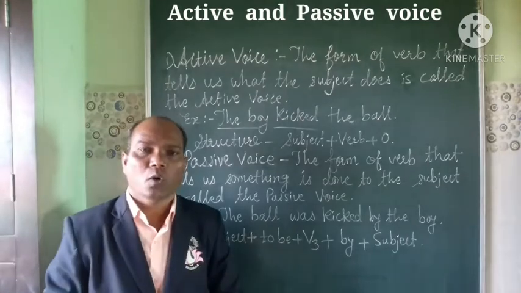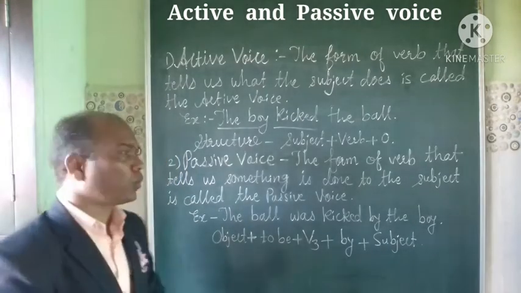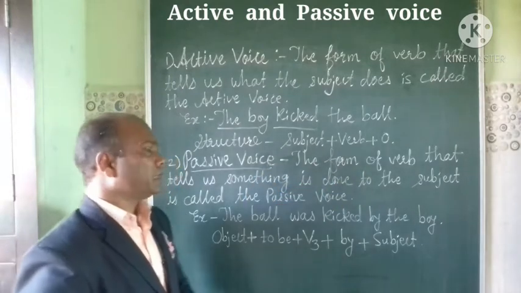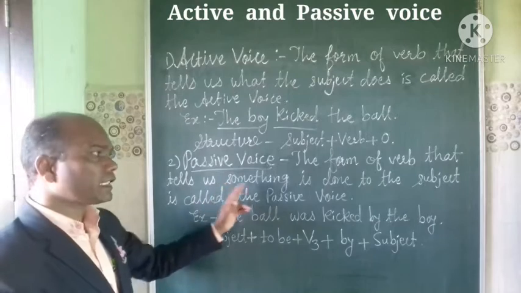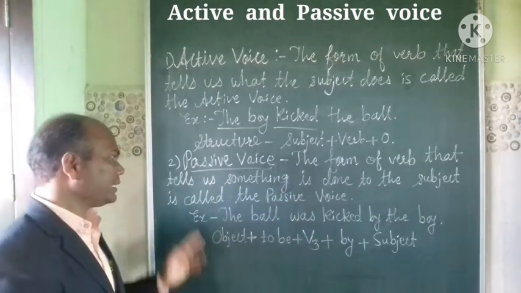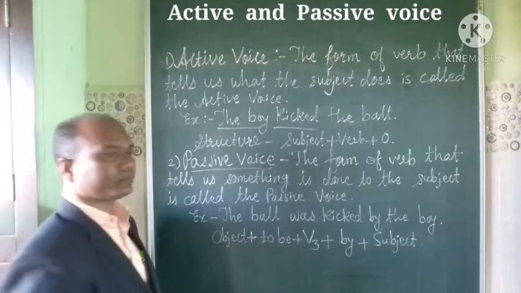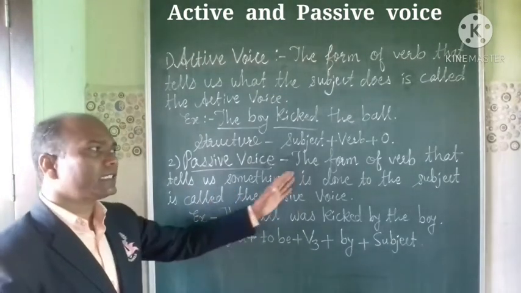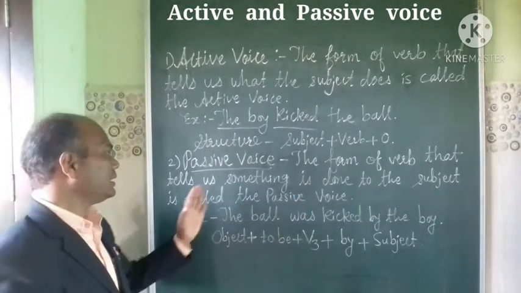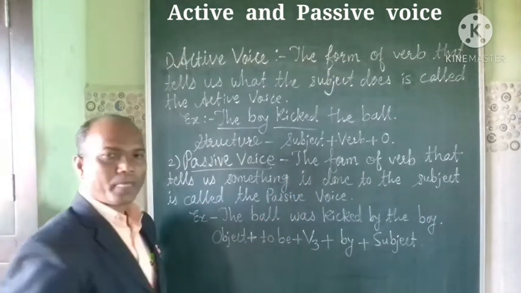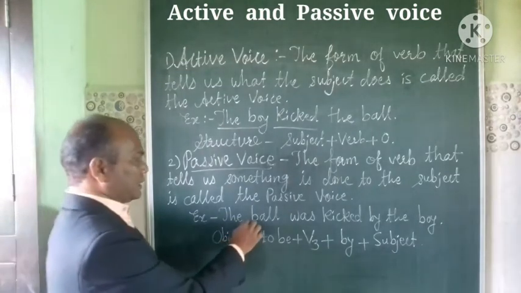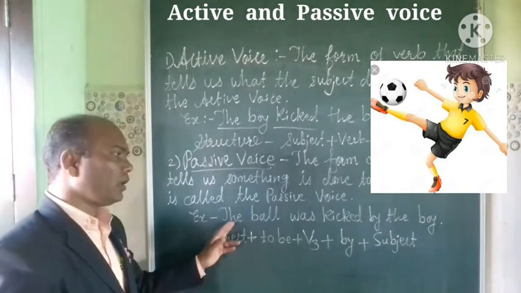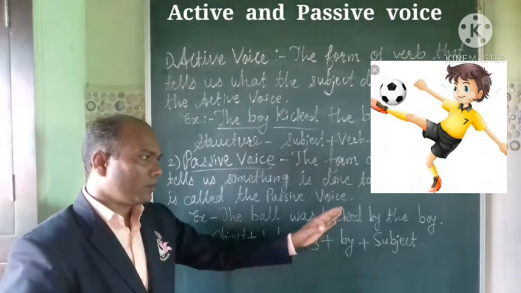Now let us try to understand what is a passive voice. The form of a verb that tells us something is done to the subject is called passive voice. For example, the ball was kicked by the boy.